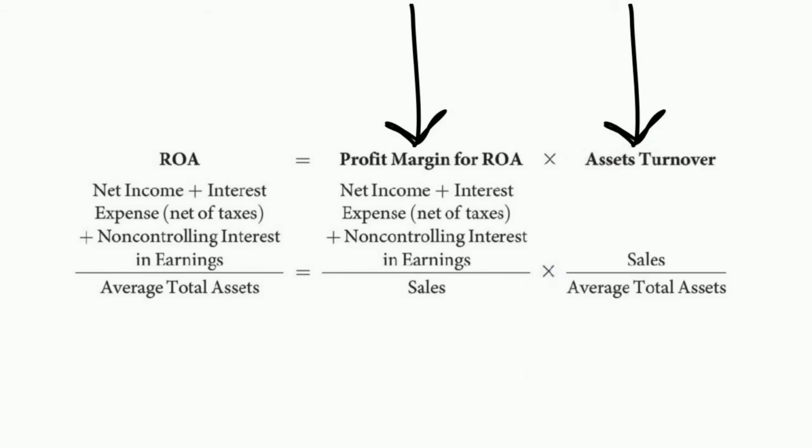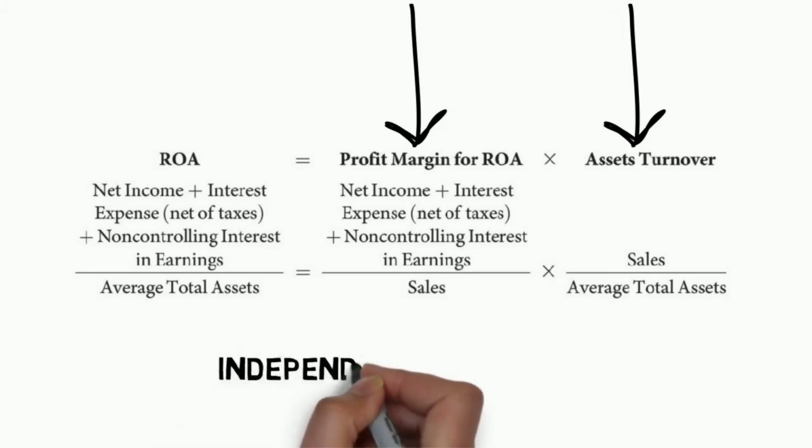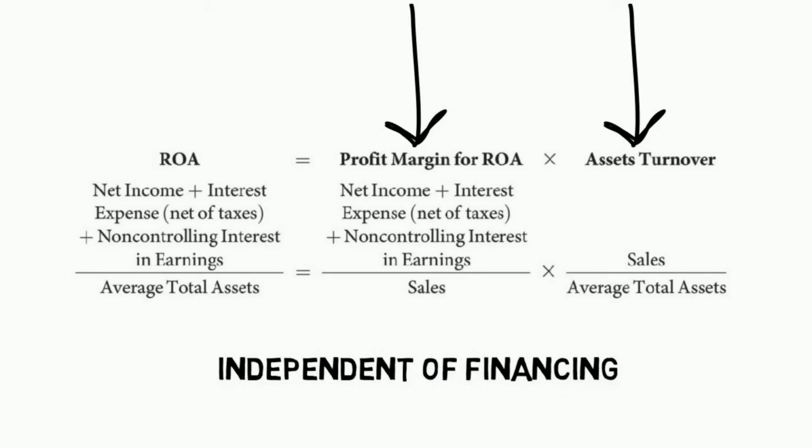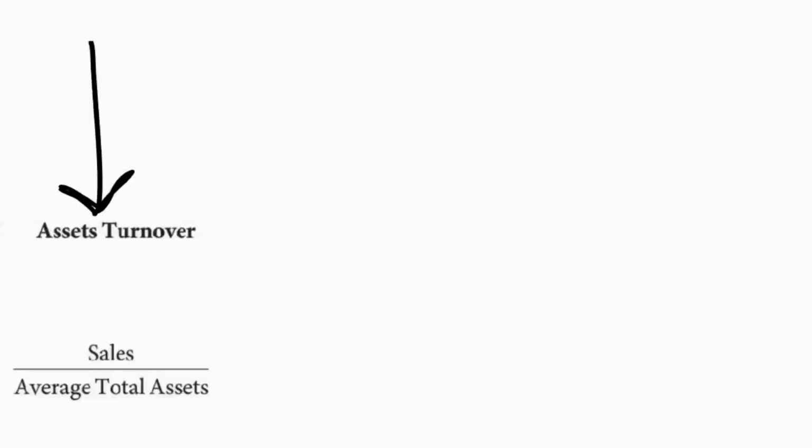In essence, the asset turnover ratio indicates the firm's ability to use assets to generate sales, and profit margin for ROA indicates the firm's ability to use sales to generate profits. ROA measures the profitability of operations before considering the effect of financing. That is, ROA ignores the proportion of debt versus equity financing that a firm uses to finance the assets.